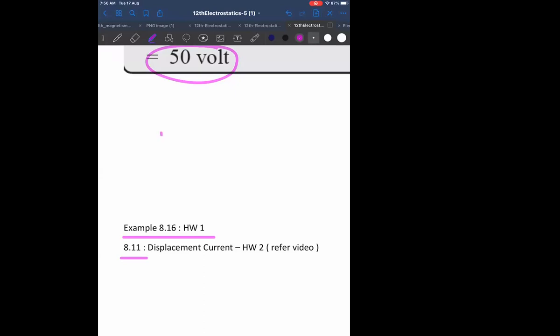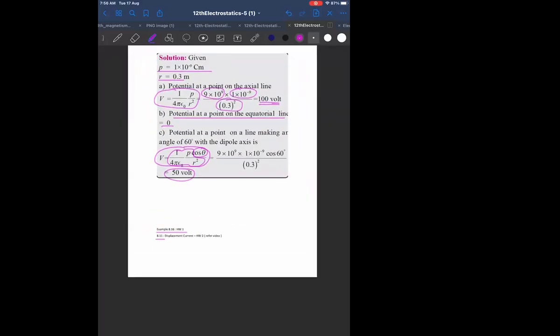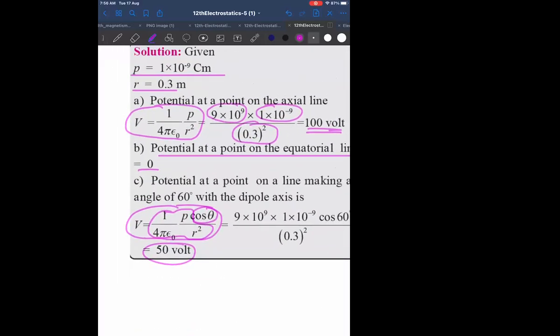Sir, show the upper sum. What happened? Sir, show the sum. Yeah.